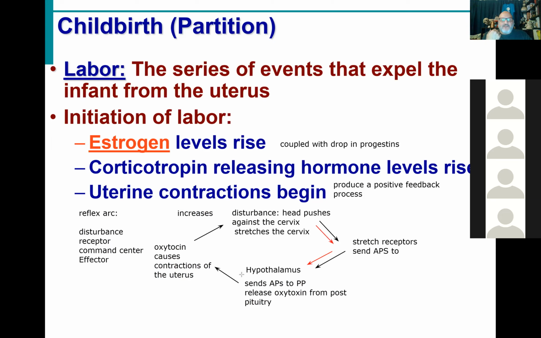The hypothalamus is going to cause the posterior pituitary to release even more oxytocin, and the uterus is going to contract even stronger, pushing the baby's head against the cervix even more. And again, notice, like we've talked about, with a positive feedback process, each time the disturbance is increased.